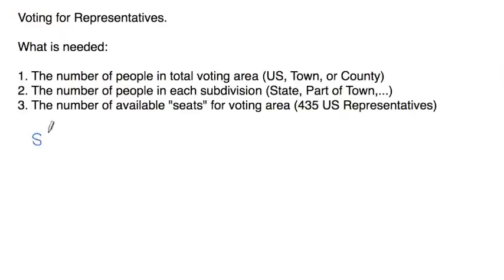one place calls it the Standard Divisor. Now the Standard Divisor is literally just the number of people in a voting area divided by how many seats. So this is equal to number in voting area divided by the number of seats.